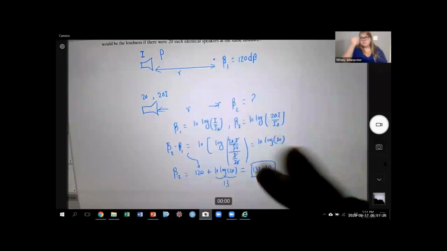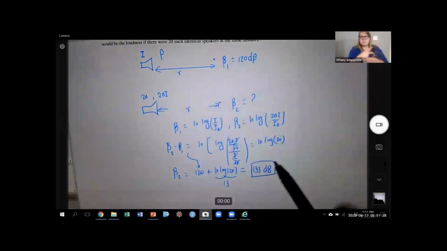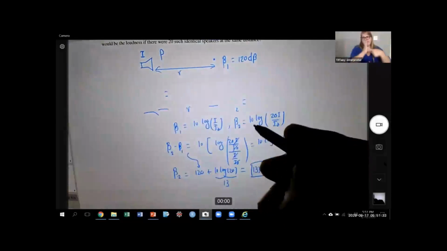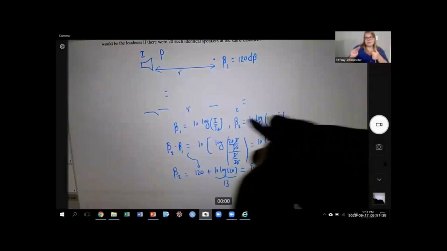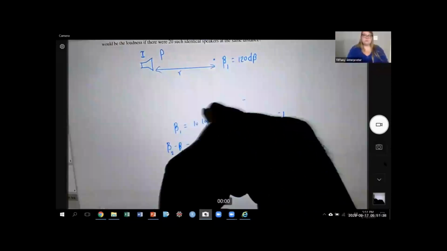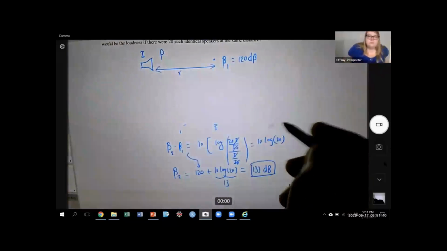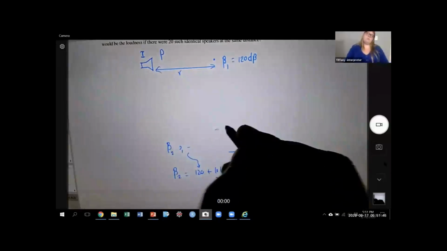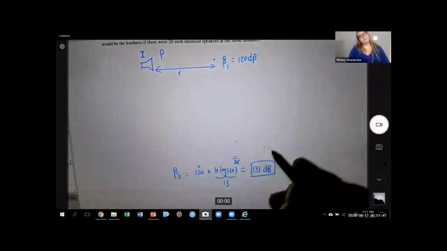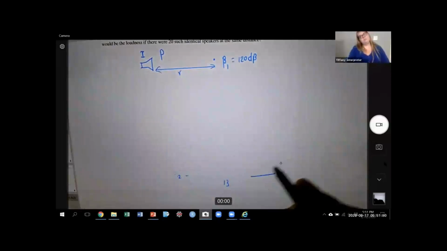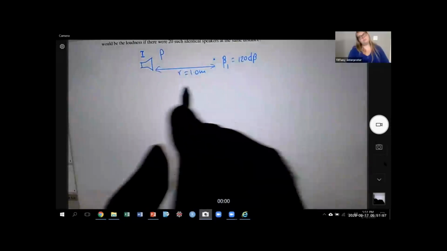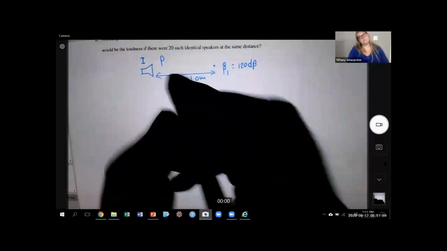So suppose the same problem, and suppose the distance is 1 meter, just for simplicity. Then you can solve beta 2 directly without those equations, because first you find the power.